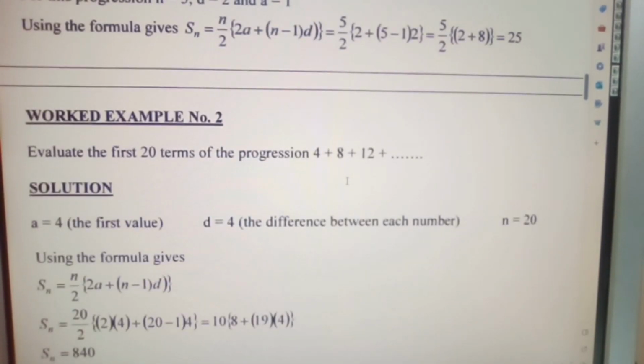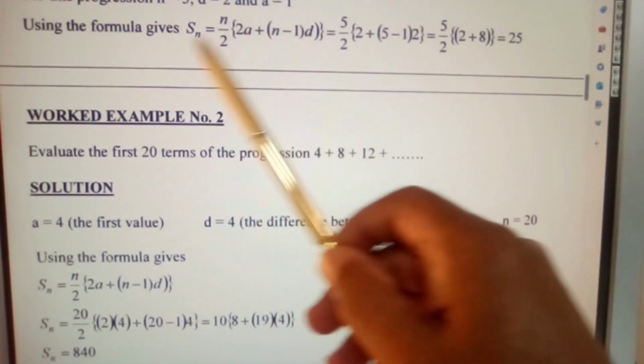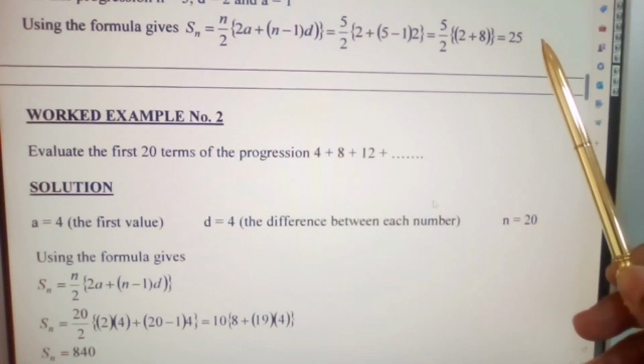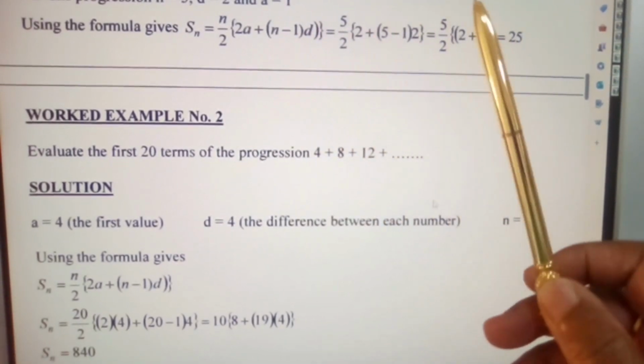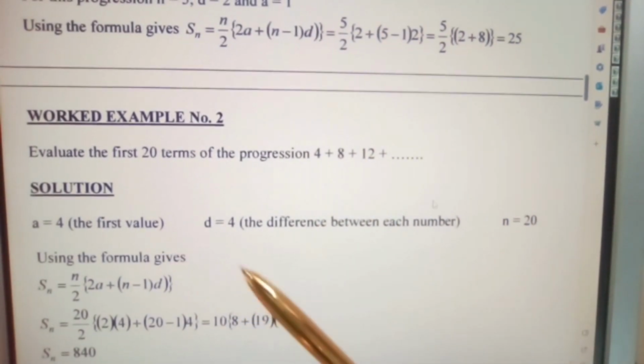So let us look at what you're looking at: the formula which they've given you, how to apply it so that it gives you the correct solution. Okay.